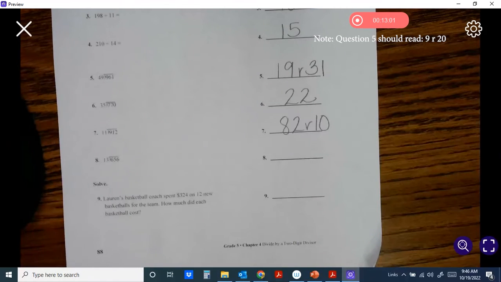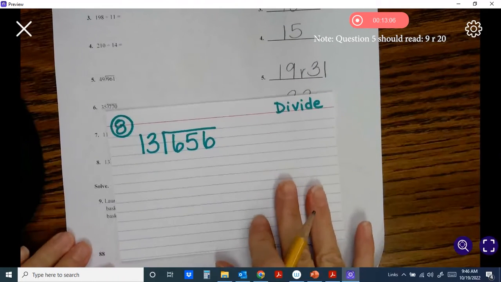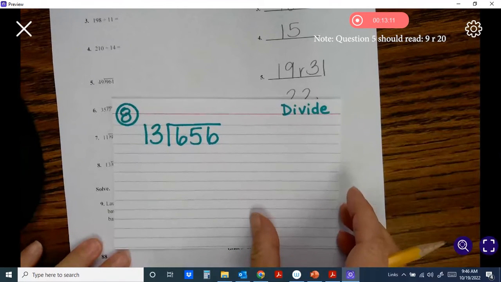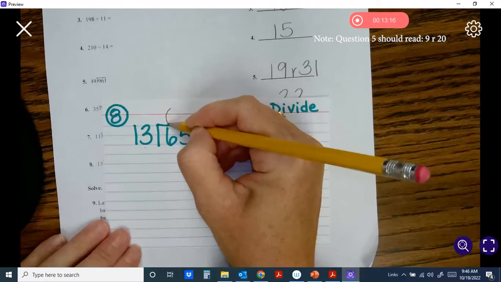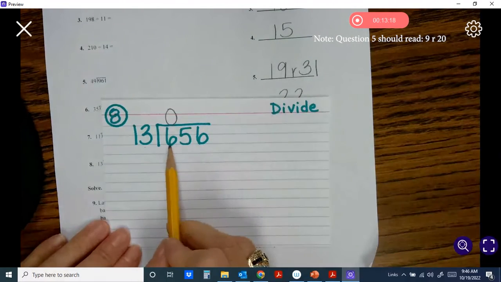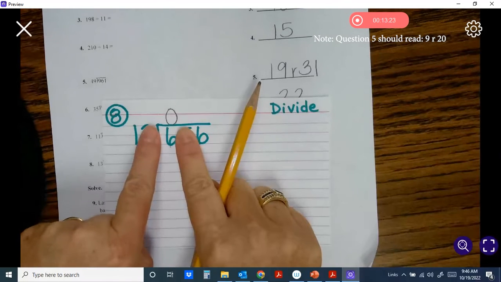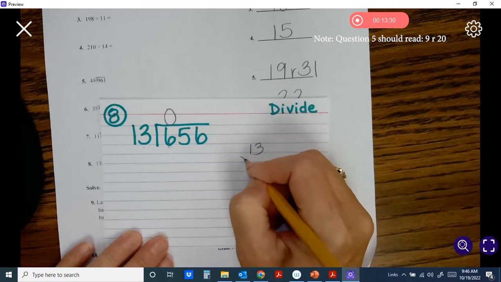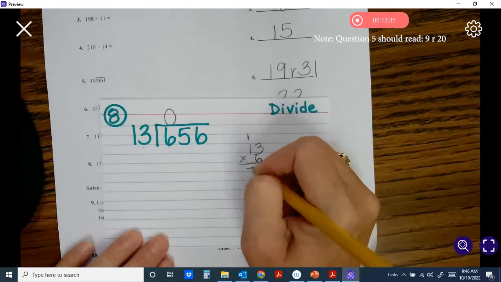All right, question number 8. We have 656 divided by 13. All right, 6 cannot be divided by 13, but 65 can. So we cover up the 5, cover up the 3. 1 can divide 6 times, so we'll try that first. 13 times 6, 18, 6, 7, 78.